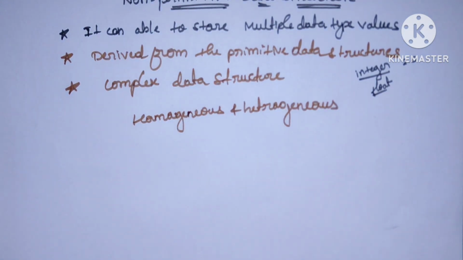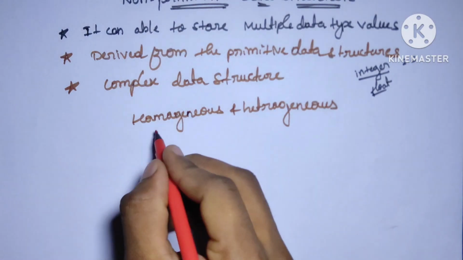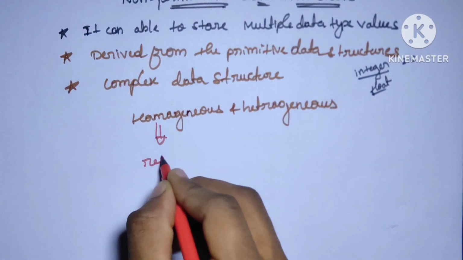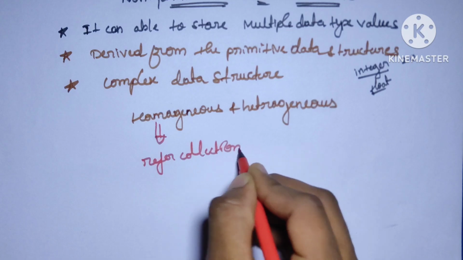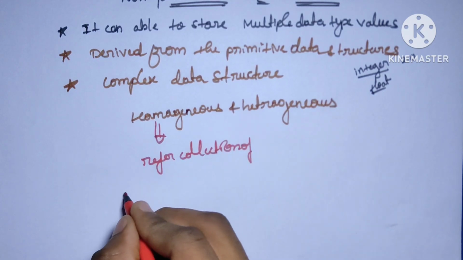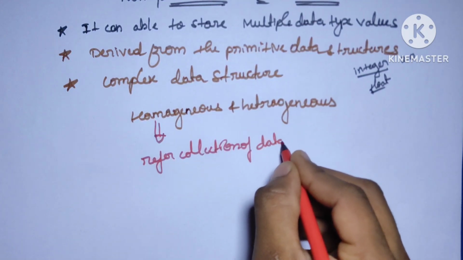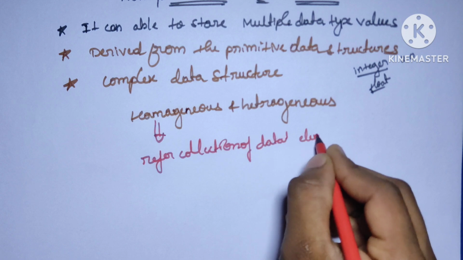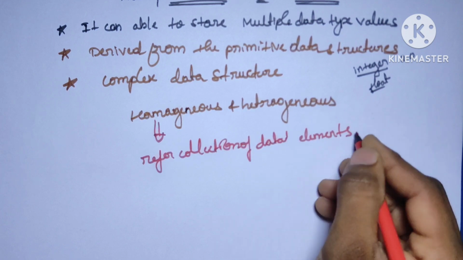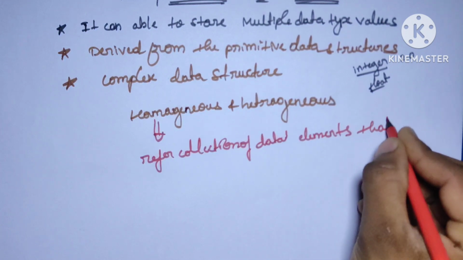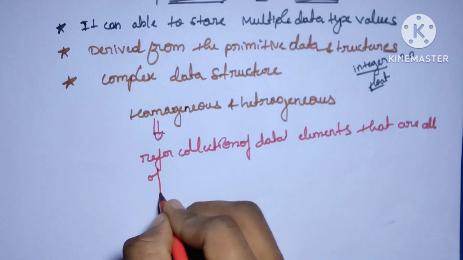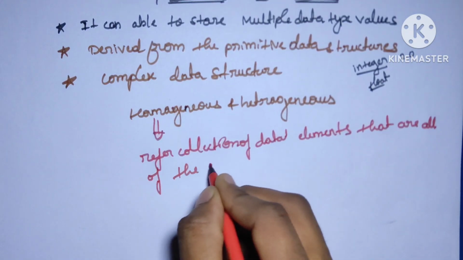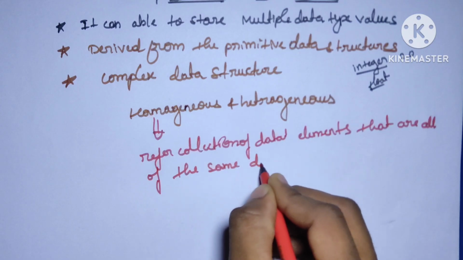Homogeneous elements are a collection of data elements that are all of the same data type.